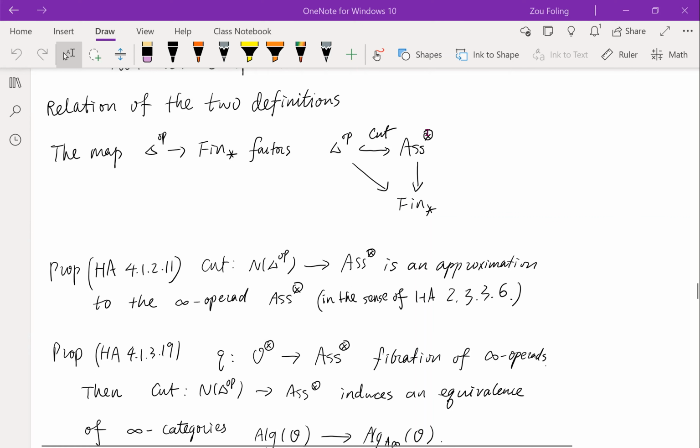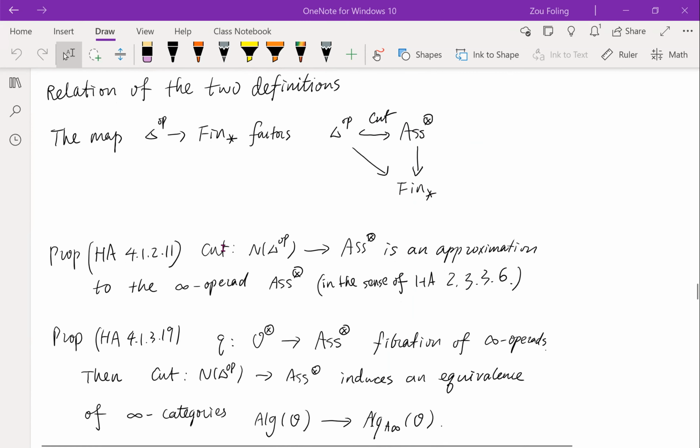And in the associative tensor, the morphisms there are maps in fin star plus a linear ordering in each pre-image. Since your morphisms here come from delta, you have a natural ordering on the objects as well. You just pick that natural ordering. Then the image factors through this map. So there is this inclusion called cut.